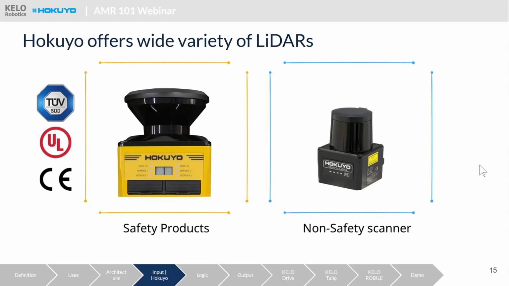These safety scanners are typically used for AMR applications, for navigation, but also for human safety purposes, which is also a requirement of the previously mentioned safety standard, ISO 3691-4, for industrial trucks, autonomous trucks. For non-safety scanners, we have many different models, and we will show you a table of these models in the next slide.